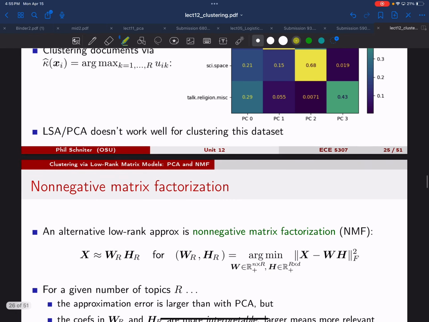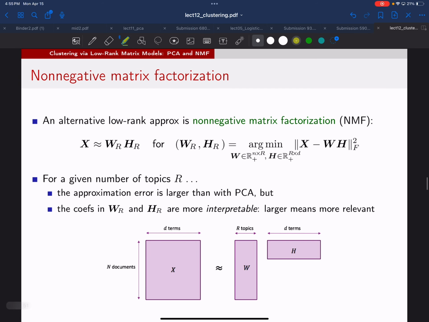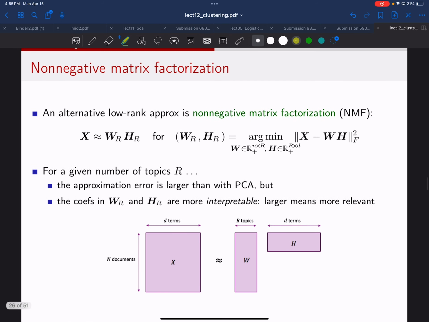All right, so now let's talk a little bit more about non-negative matrix factorization. For NMF, this is the cost function, it's RSS, but you have these constraints that W and H, in addition to being tall and wide matrices, are non-negative. The main advantage is that the coefficients are more interpretable.